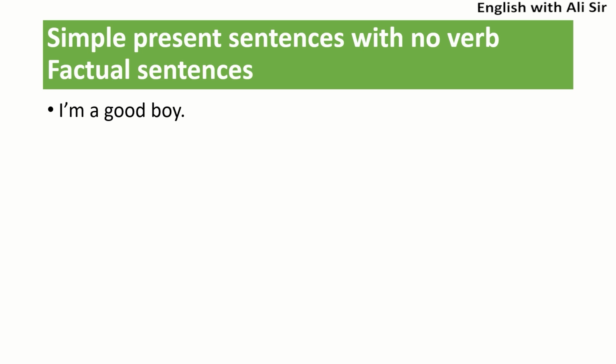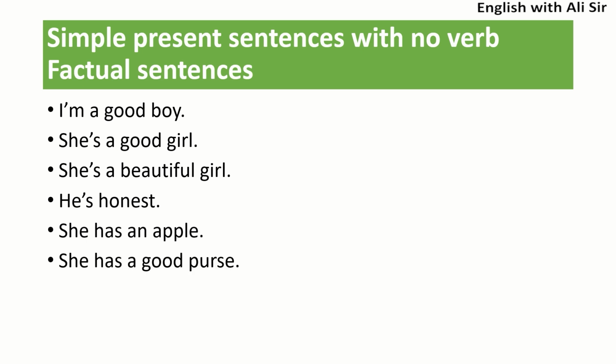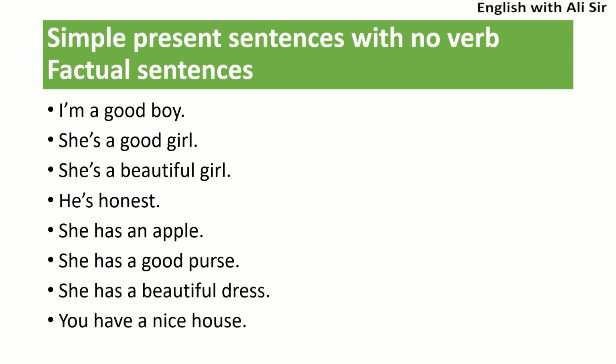And facts and universal truths also do not have passive voices. For example, I'm a good boy, she's a good girl, she's a beautiful girl, he's honest, she has an apple, she has a good purse, she has a beautiful dress, you have a nice house.